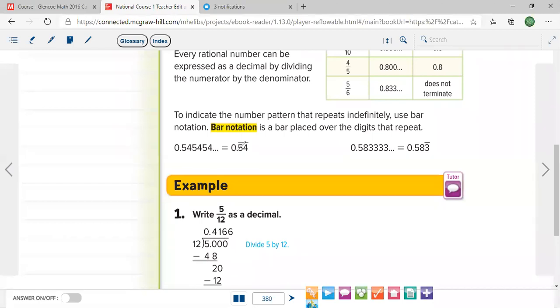We put the bar and say repeated or recurring. It's up to you. Here in 0.83, only the 3 is repeated, 3333, so you put the bar for the 3 only. Once you see this bar, it means this number is a repeated decimal, and the bar covers the one digit or the two digits in this case.